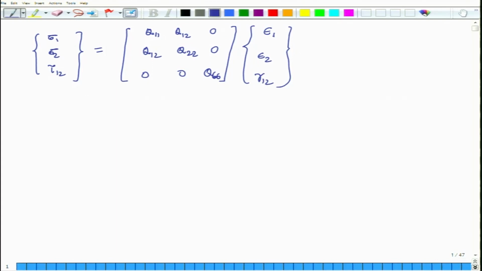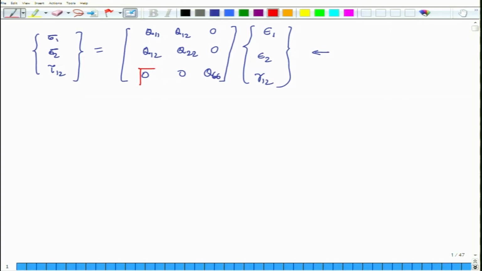So, these are 4 independent elastic constants, and it should be noted that for a specially orthotropic lamina under plane stress, a thin orthotropic lamina, if I have a shear strain, it will not generate any extensional stresses, and if I have extensional strains, they are not coupled to shear stress. So, extensional strains are not coupled to shear stress, and shear strain is not coupled to extensional stress.